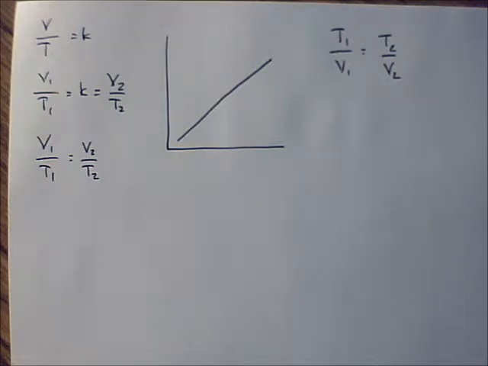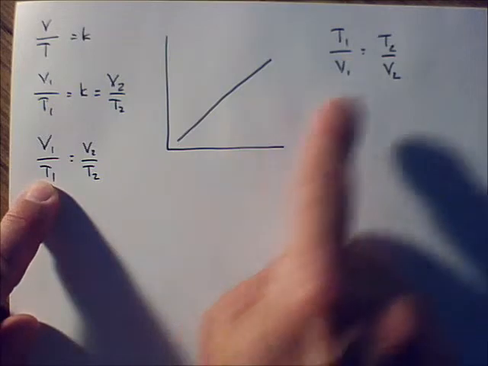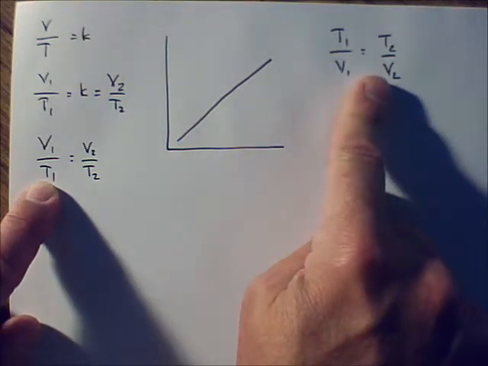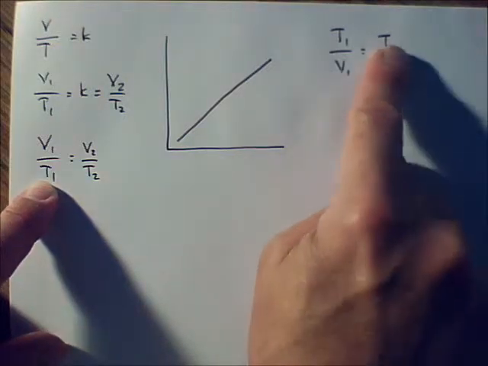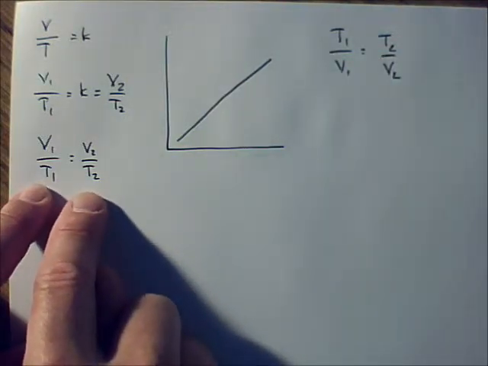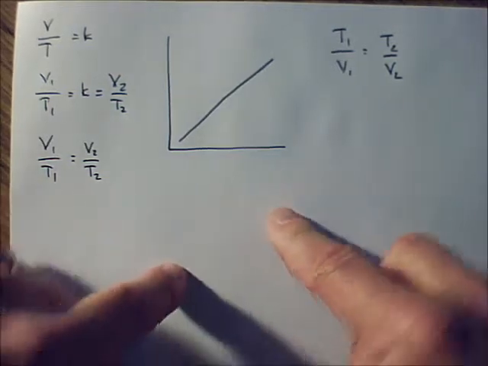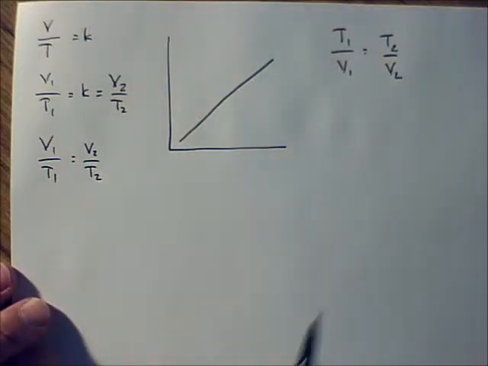Does that make sense? So if you start out with this form of Charles' law, flip it to get the form that's going to help you solve for it. If you're trying to solve for temperature, and you set it up where the unknown is down here on the bottom, just flip it. Because you got to have your unknown on the top of a fraction.